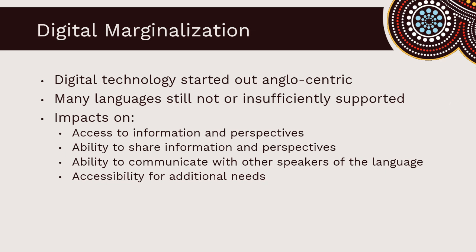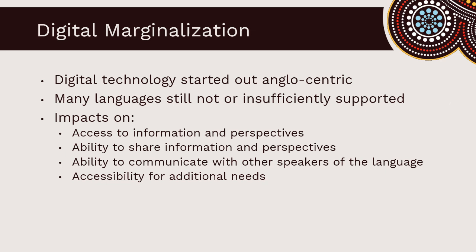Then also the ability to share information and perspectives, so they might not be able to share information within the language community. And we also don't have access to their perspectives because they can't share their perspective online, and if they did, we would have no way of actually understanding it because there's no translation available, for example.